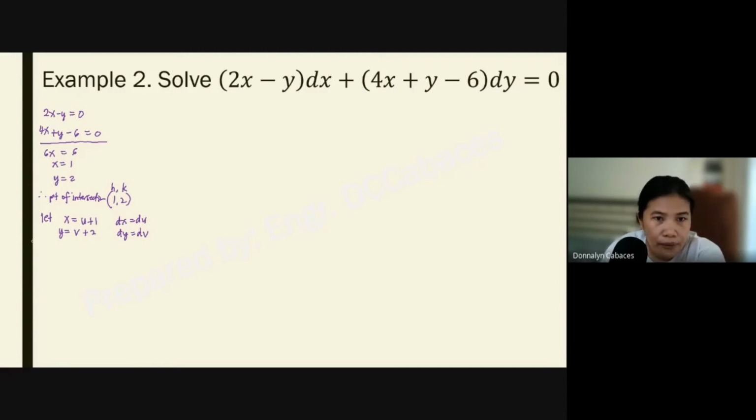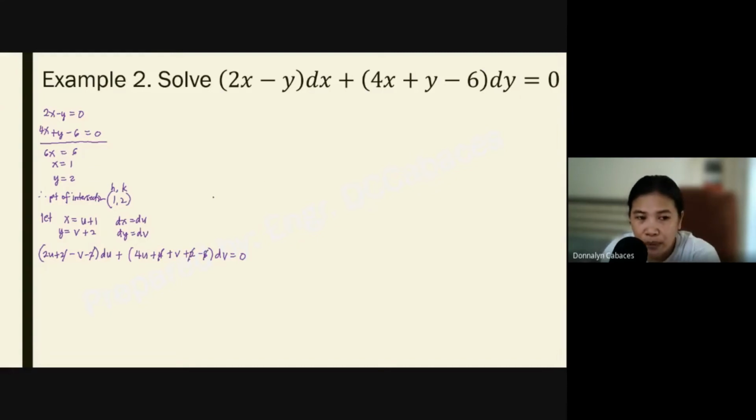So we now have our x as u plus 1, so 2u plus 2. Our y is v plus 2, our dx is du, plus 4u plus 4 plus y, v plus 2, minus 6, dy is dv equals 0. So you have 2 minus 2, then 4 plus 2 minus 6.